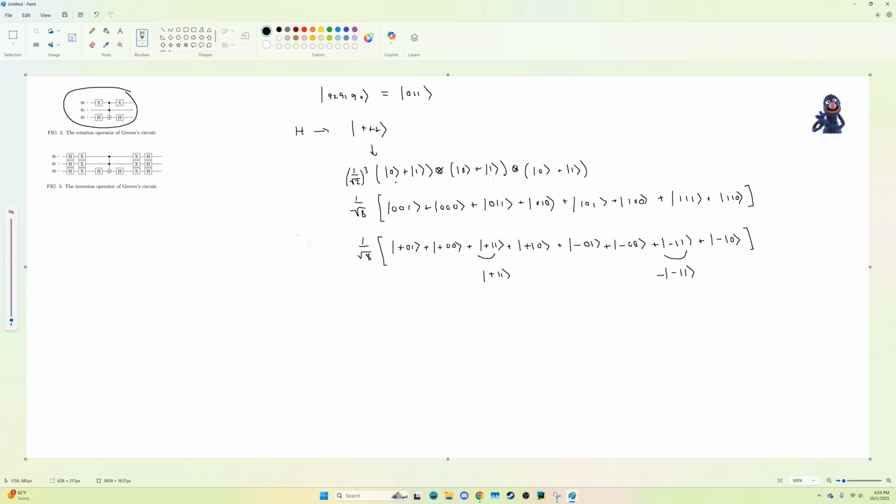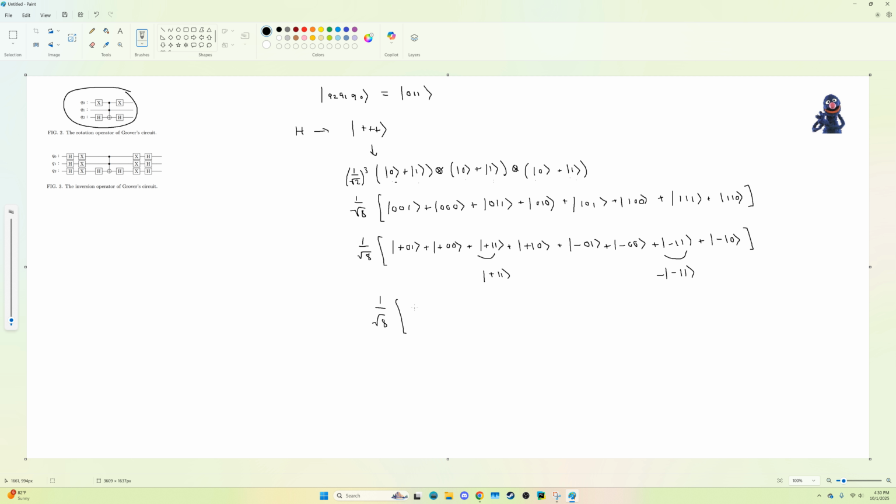Okay. And once we have done that step, then we apply X onto Q0, and we apply H onto Q2. So X onto Q0 will do this.